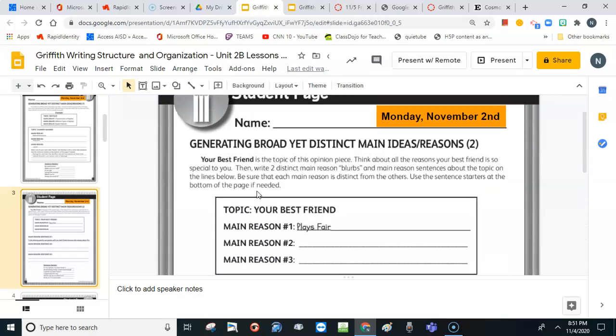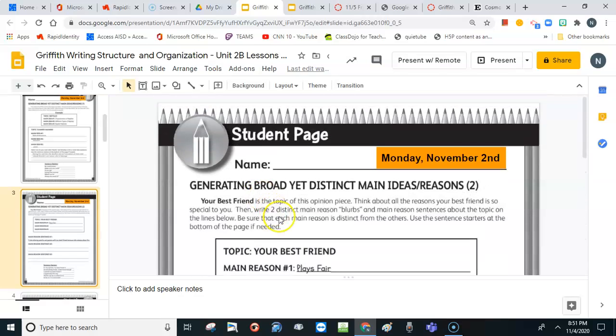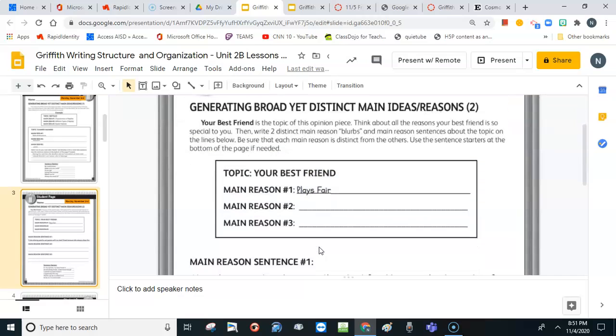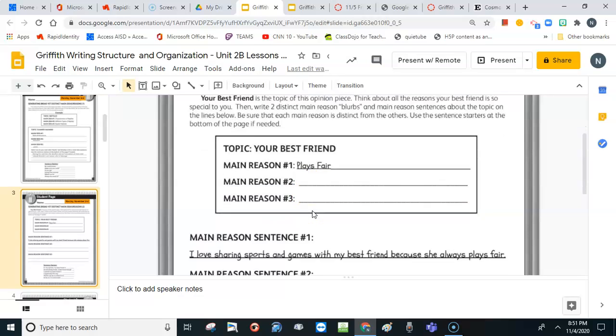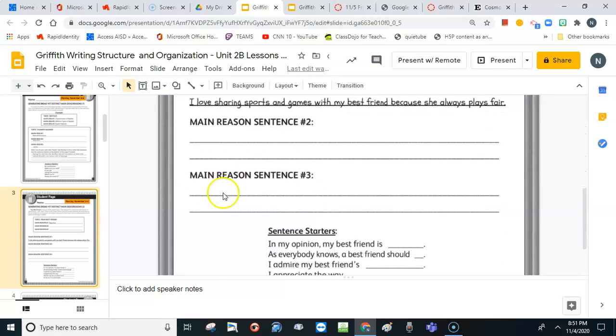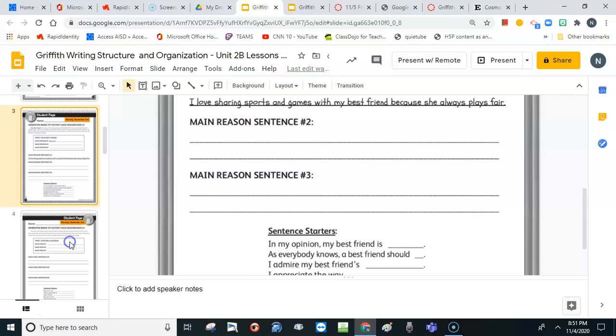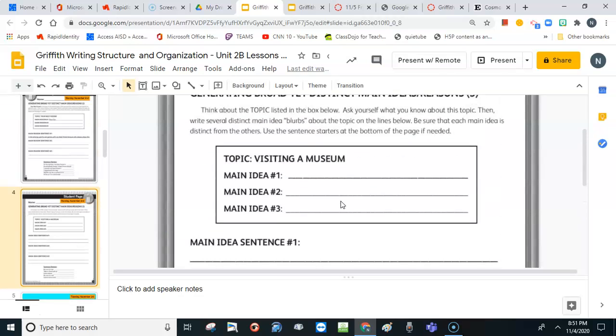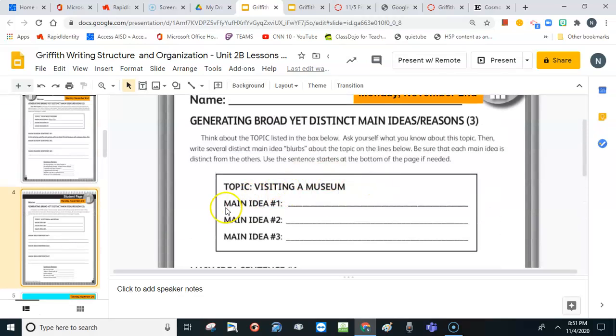We continued practicing that with your best friend topic, and you came up with three reasons why your best friend is special, and then you used the sentence starters to create your sentences. Then I asked you to not do page 4, visiting a museum, and to instead do your favorite famous person.